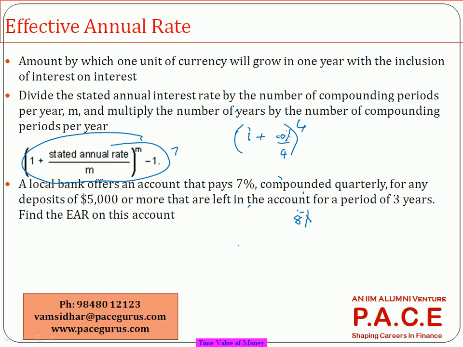What is the effective annual rate in this case? 7% divided by 4, to the power 4. This is your effective annual rate. Based on that, you can compute on whatever amount is being asked. Again, you use compounding for 3 years.